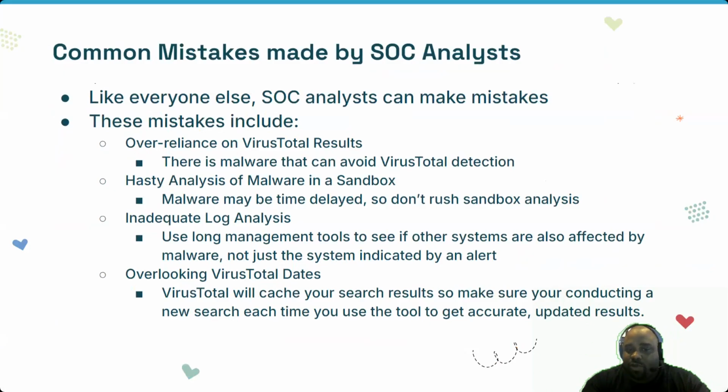It could be that when you looked up that URL before in Virus Total, it was totally clean, but 2 months later it's been compromised and now has a poor reputation. But if you're looking at the cached results, it still looks clean to you, and you might be inclined to give that URL or file a pass, thinking it's still clean because you're looking at old results. Make sure you're updating those results so that you can make an accurate decision.